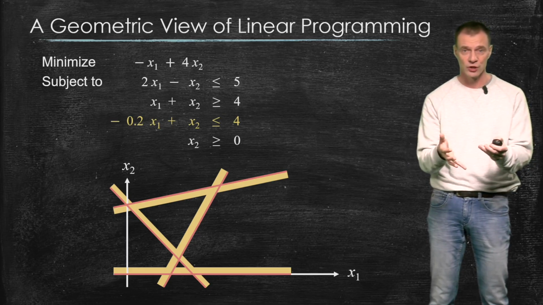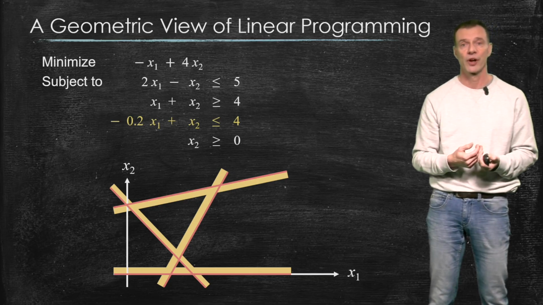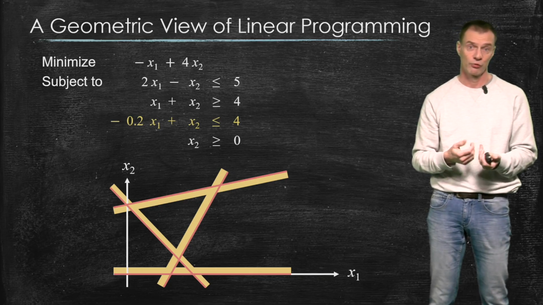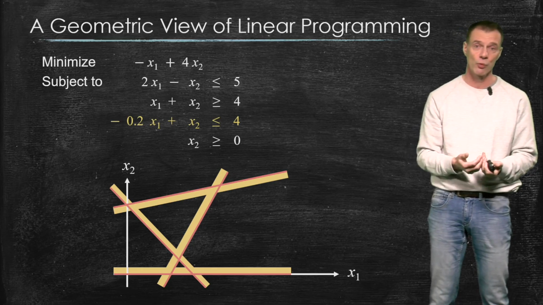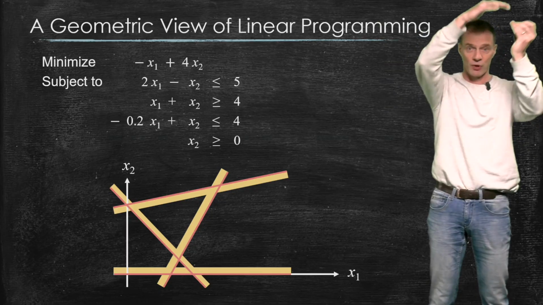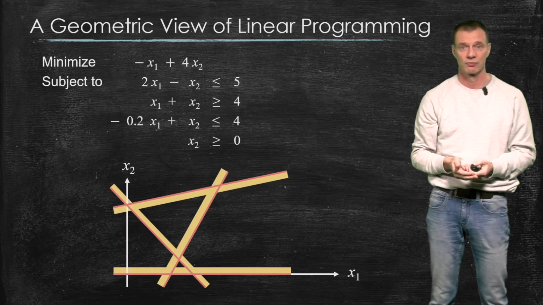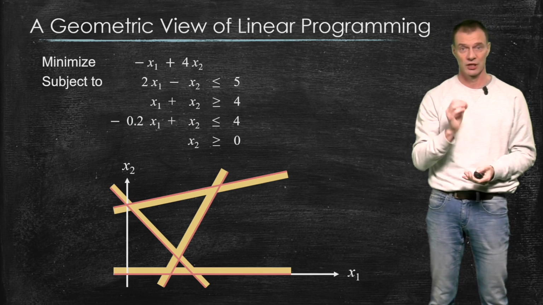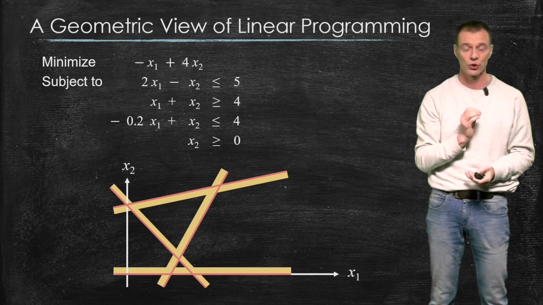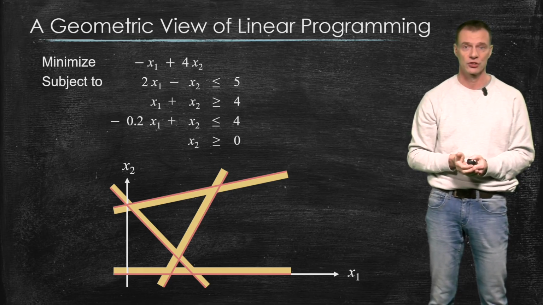So each constraint gives us a half plane, or if we would have more variables, like in 3 dimensions, we get a 3-dimensional point, and then our half planes are half spaces, so we get some kind of polytope in possibly some high-dimensional space. And a solution that satisfies all the constraints must lie in the intersection of all these regions.